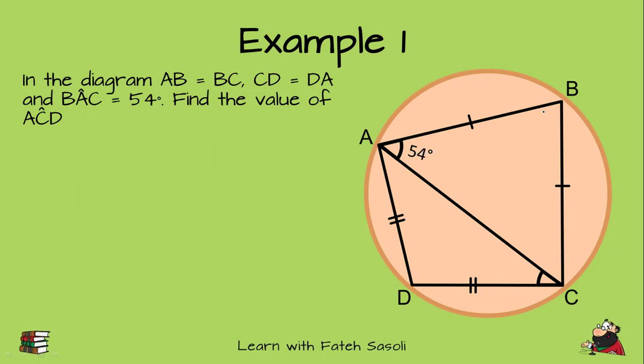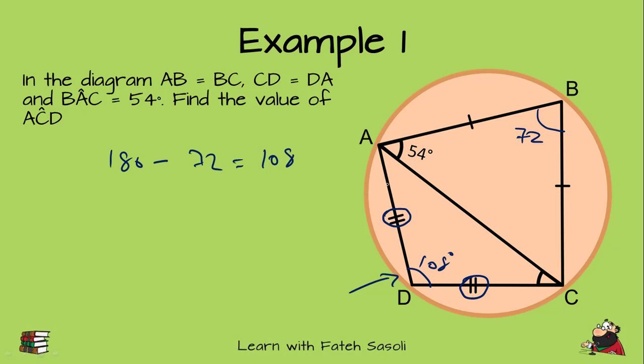Now since we found B, which was 72, we'll simply subtract 72 from 180 to get this angle D, and we get 108. So D here is 108 degrees. Let's look at these lines. What do they mean? These notations mean that the lengths at angle A and angle C are equal and so are the angles, which means again that the sum of the three angles of a triangle is 180 degrees.